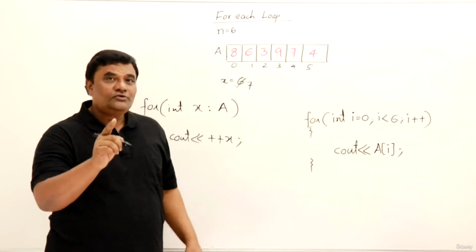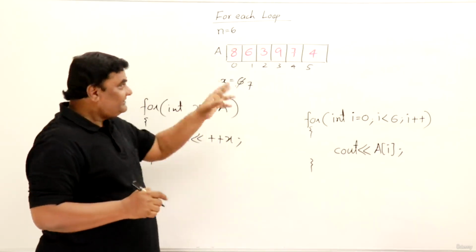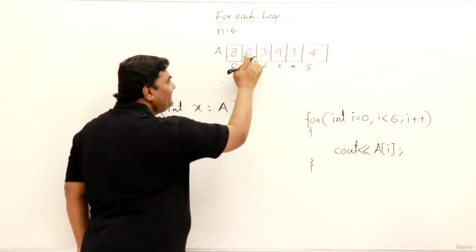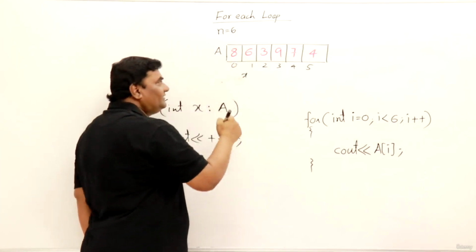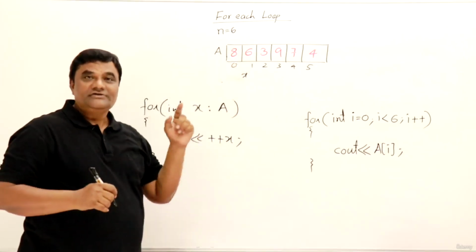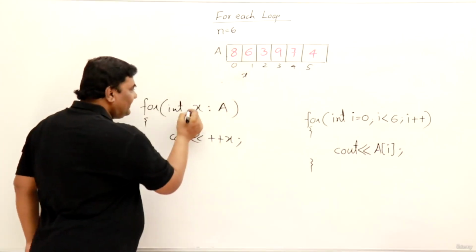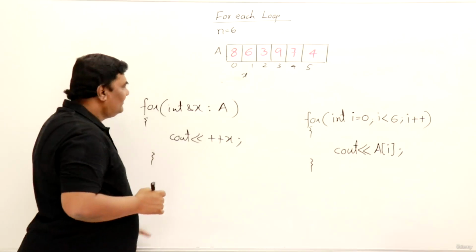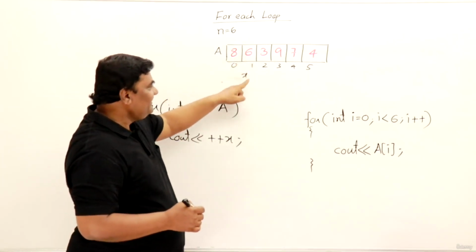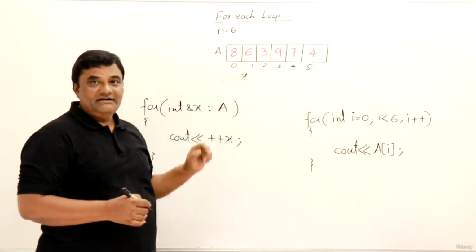Now, if I want to modify that value, x should represent that value directly. It should not have a copy. X should be this one only. So if I say plus plus x, that 6 should become 7. For that we can write a reference here. What is a reference? A reference gives another name to the same value.